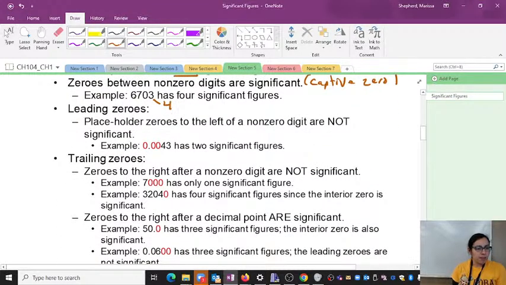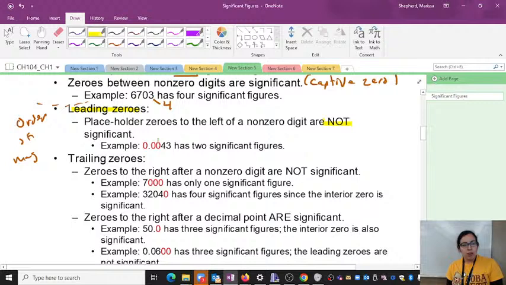So now we have our next rule. I call these order of magnitude, and these are not significant. You can have leading zeros. These are placeholder zeros to the left of a non-zero digit, and they are not significant. That's kind of convoluted, but all this is saying is these zeros are showing how small.